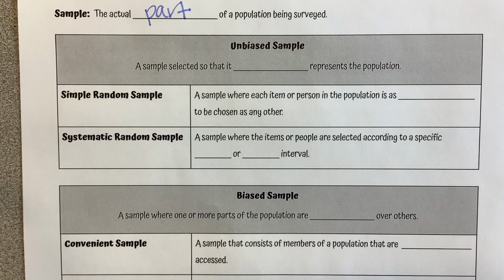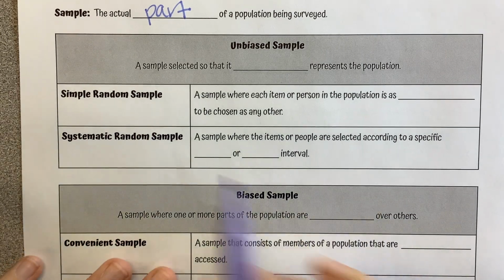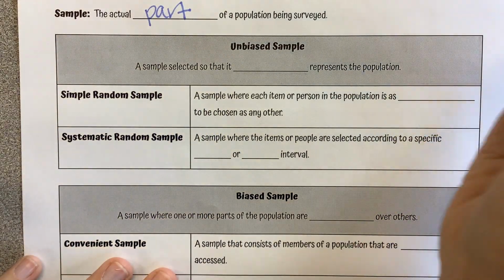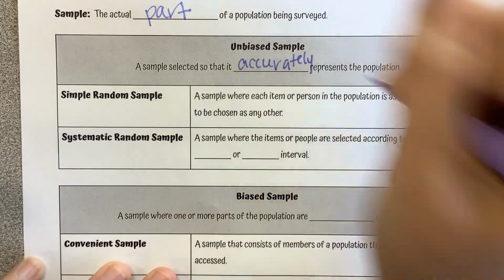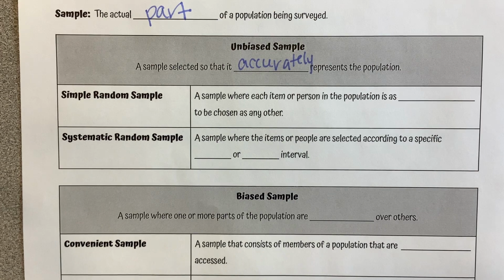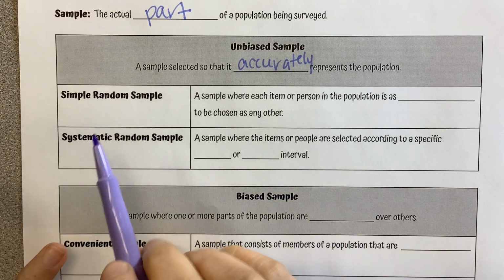There are 2 different ways that we could have these unbiased samples. So a sample selected so that it accurately represents the population. That would be unbiased. It's not going to lean one way or the other based on who I have surveyed or what I have surveyed.